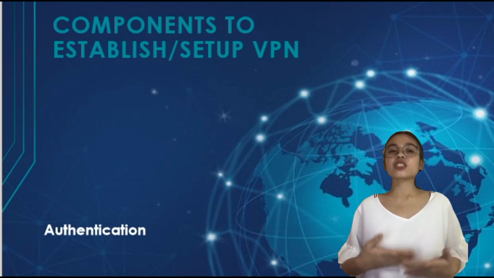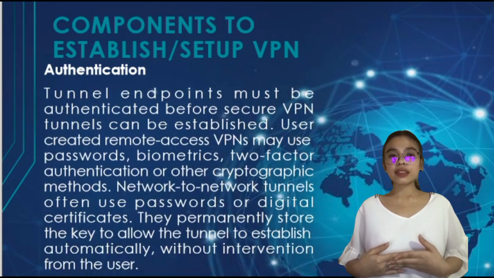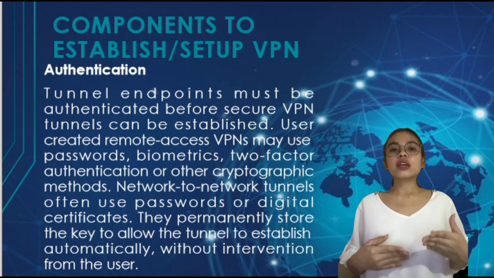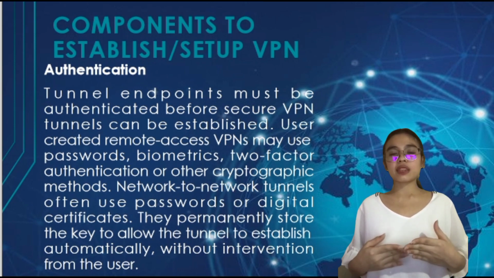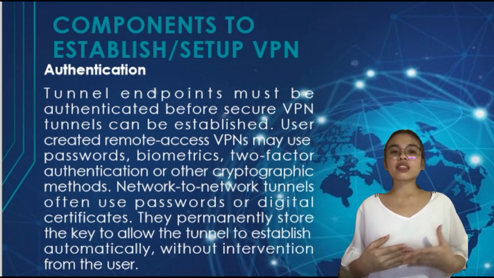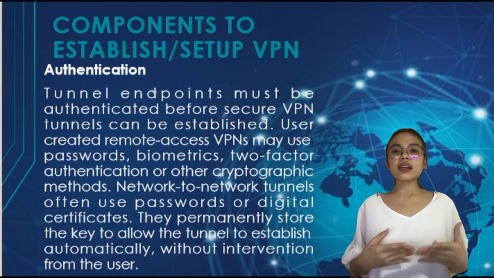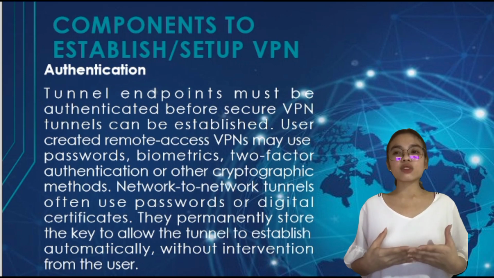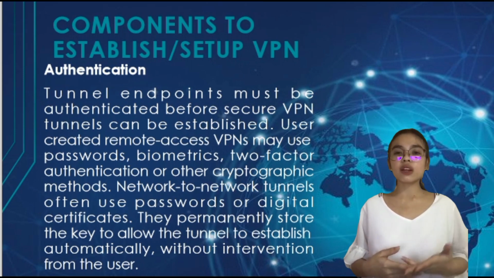Components to establish or set up a VPN. Authentication. Tunnel endpoints must be authenticated before secure VPN tunnels can be established. Users create remote access. Remote access is a host-to-network configuration that is analogous to connecting a computer to a local area network. This type provides access to an enterprise network, such as an intranet.